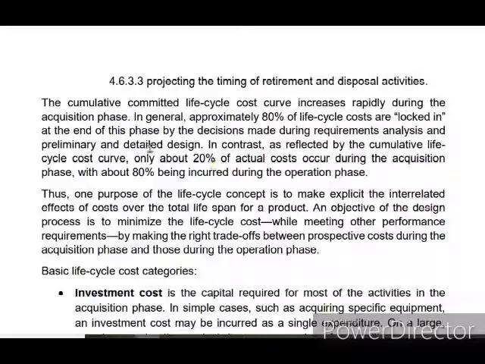So in general, approximately 80% of the life cycle costs are locked in at the end of this phase by the decisions made during requirements analysis and preliminary and detailed design. In contrast, as reflected by the cumulative life cycle cost curve, about 20% of the actual cost occurs during the acquisition phase, with about 80% being incurred during the operations phase.